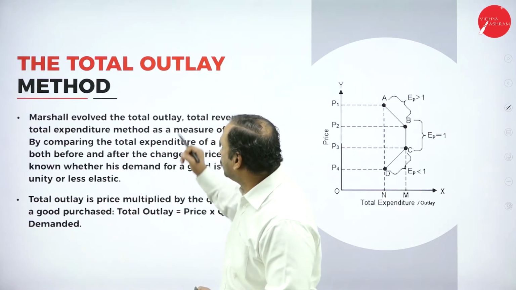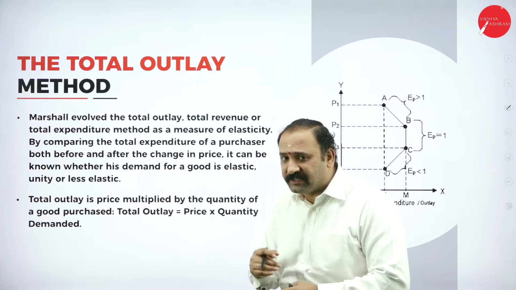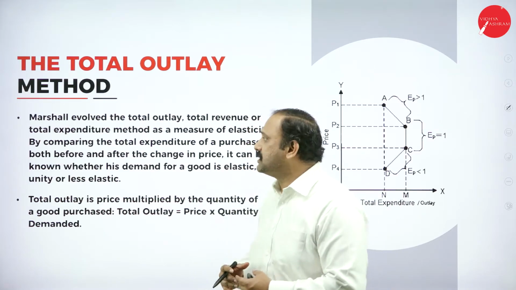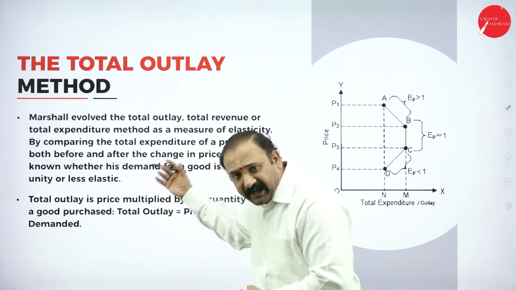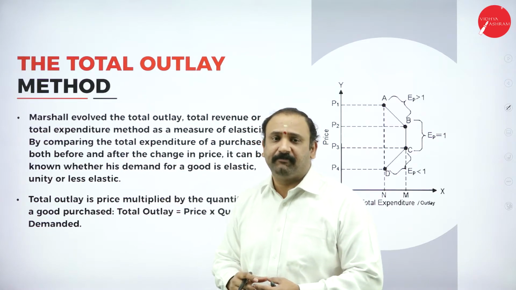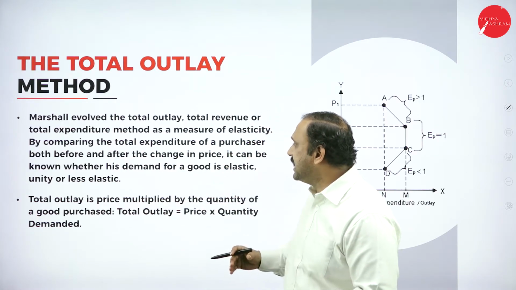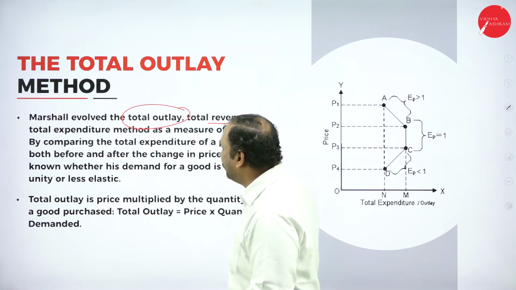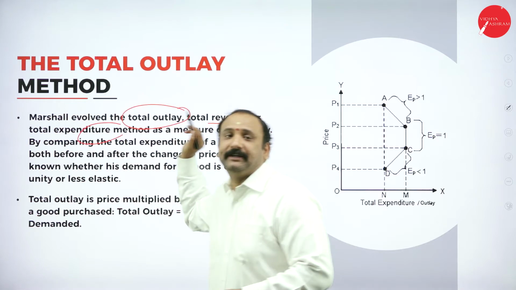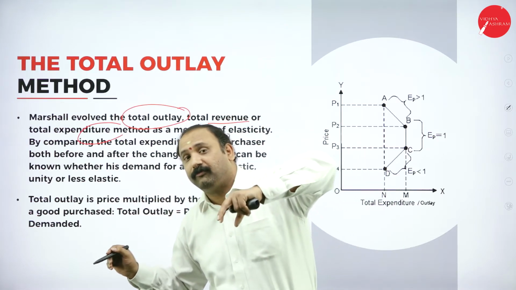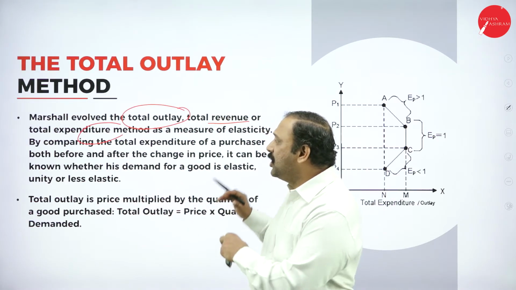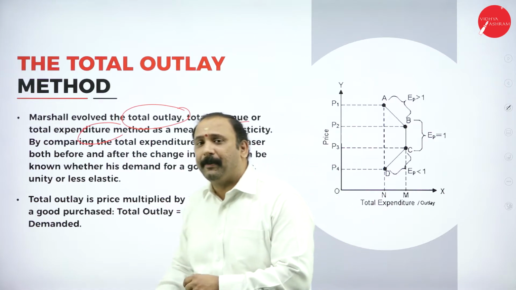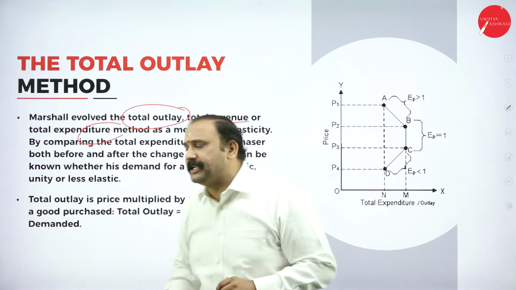Now, following the total outlay method or the expenditure method that was proposed by the great economist Alfred Marshall, he evolved the total outlay, the total revenue, or the total expenditure method. Now coming to the fourth method altogether, the total expenditure method.